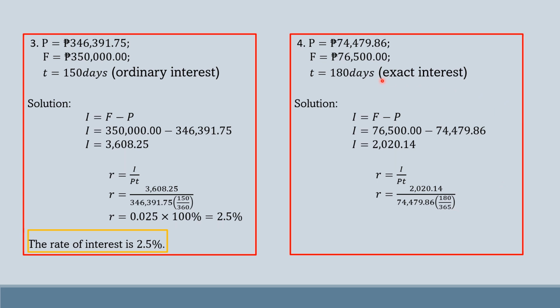Dahil po ito ay exact interest, i-divide natin sa 365. Okay? So, magiging answer natin is 0.055. I-multiply natin sa 100%. Okay? So, we have the rate of interest is 5.5%. Okay? Laging sa 100%. I-multiply lagi sa 100%. Okay? Kasi yan ay in percent. Okay? Next.